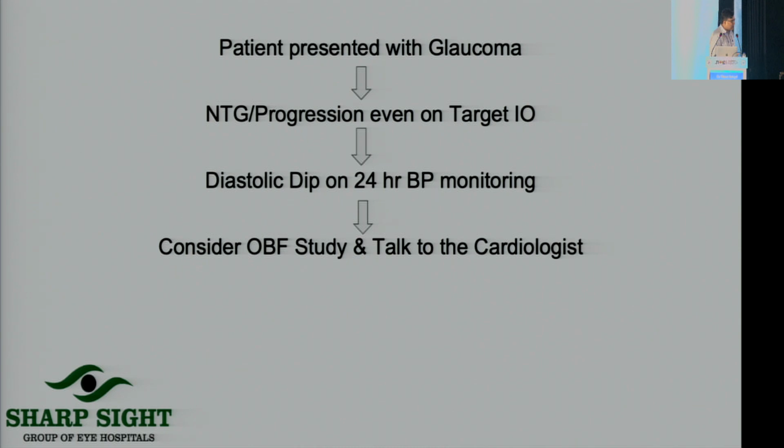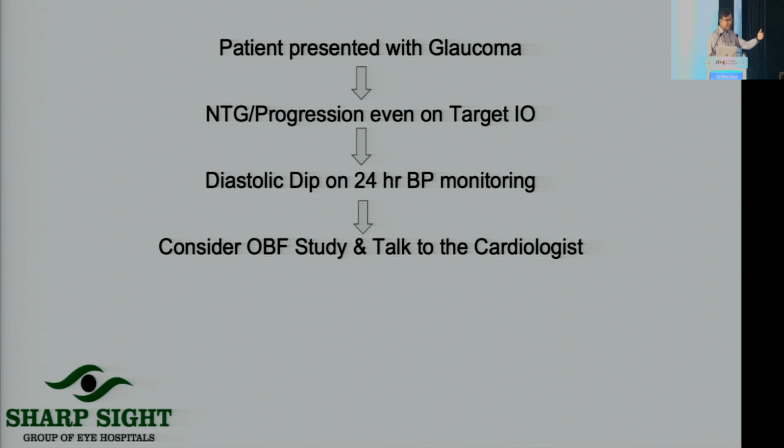My protocol in my OPD for glaucoma and NTG patients is to go for 24-hour BP monitoring. If there is a diastolic dip at night, or a variation in blood pressure, then as ma'am and sir have told, this would definitely affect the ocular perfusion pressure. So now the theory is coming into clinical practice.